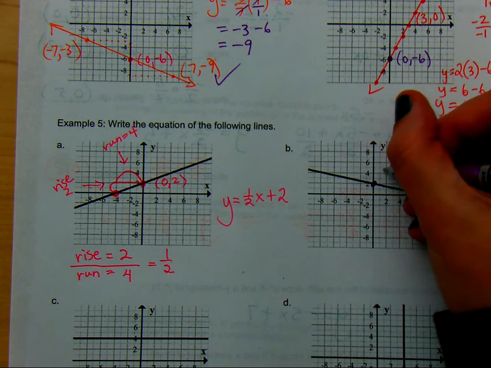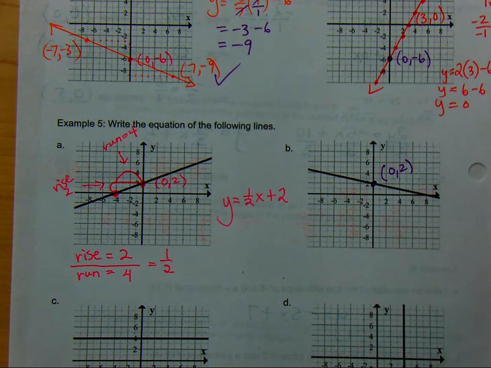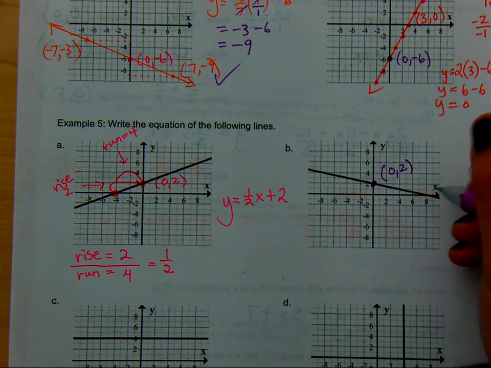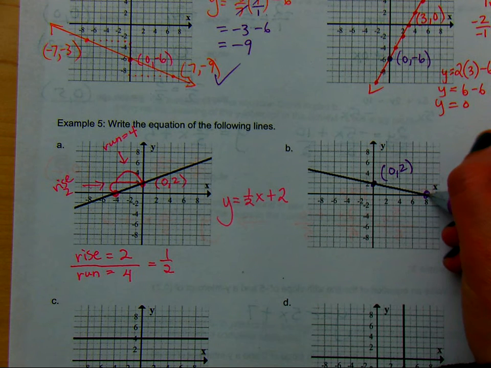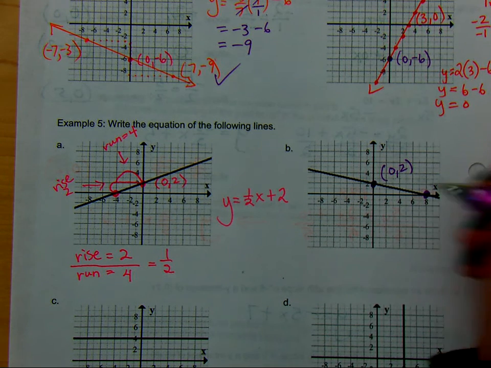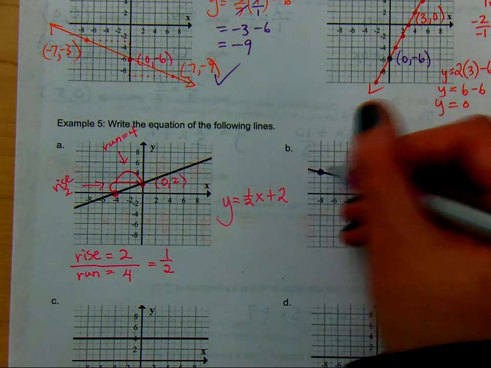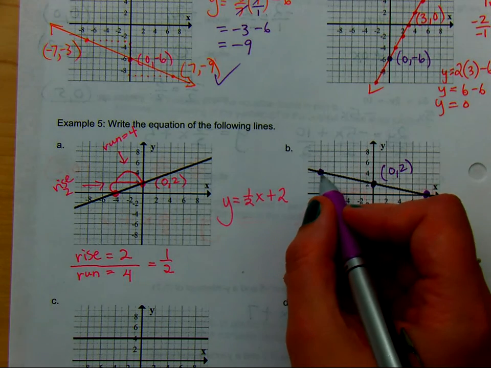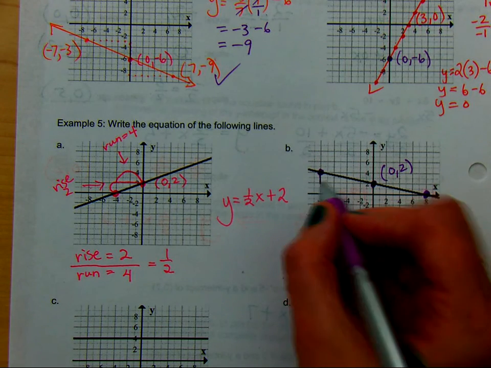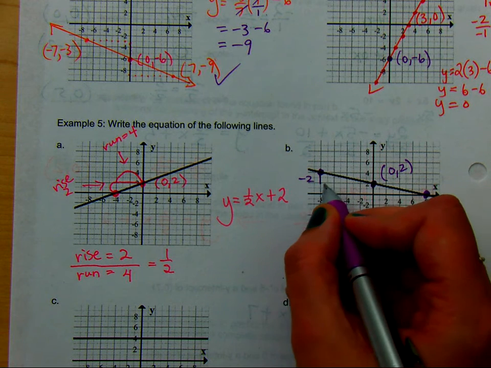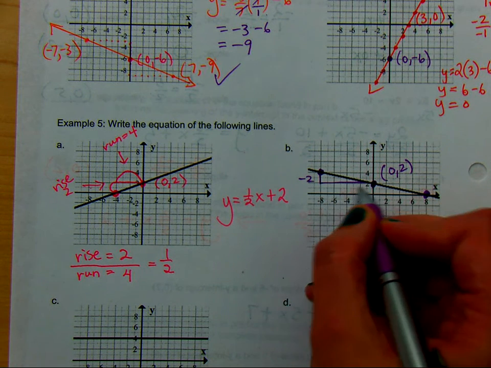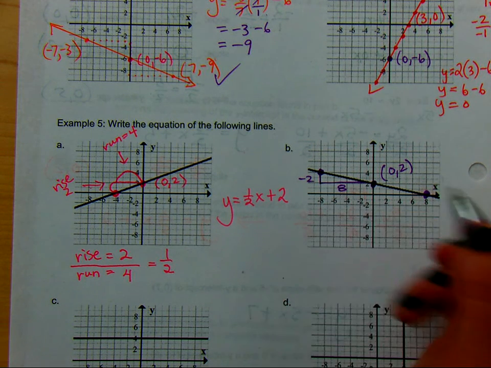We have our y-intercept is 0, 2, same y-intercept. And then if I want to calculate the slope, I can come up with any 2 points. I just happen to like that x-intercept, but I could also use this point as well. So if I use this point, I'm going down 2, and I'm going positive 8.